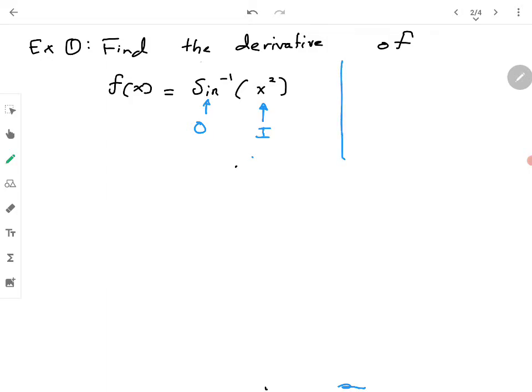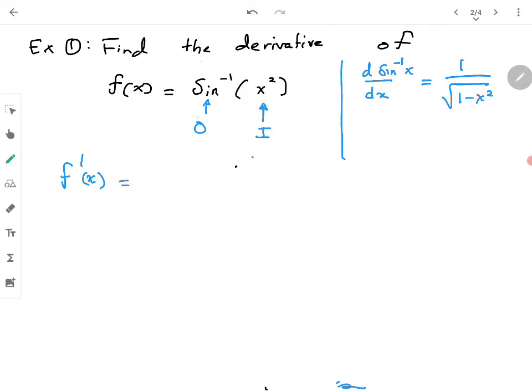So recall the derivative of sine inverse x. The derivative of sine inverse x is 1 over square root of 1 minus x squared. So now using that and the chain rule, let's find the derivative of f.